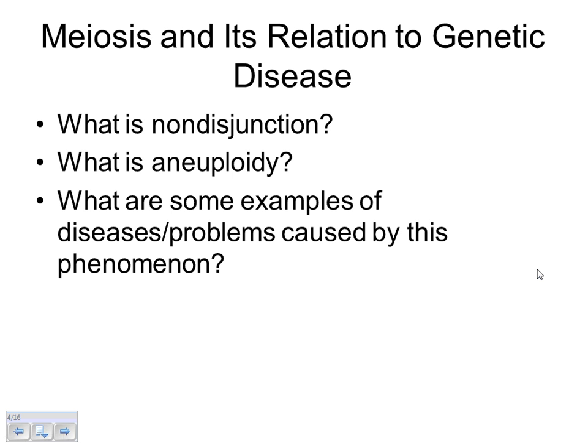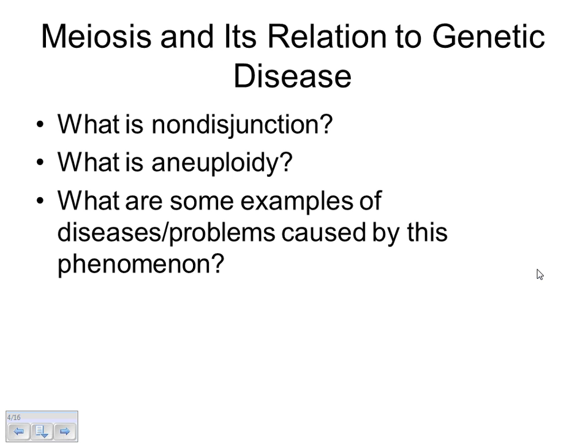What we want to concentrate on, though, in this PowerPoint is what's called nondisjunction. And that's when, during meiosis, it doesn't happen the right way. Junction is joining, right? So non-disjunction would be what? Unjoining, right? Non-disjunction means they don't unjoin correctly.